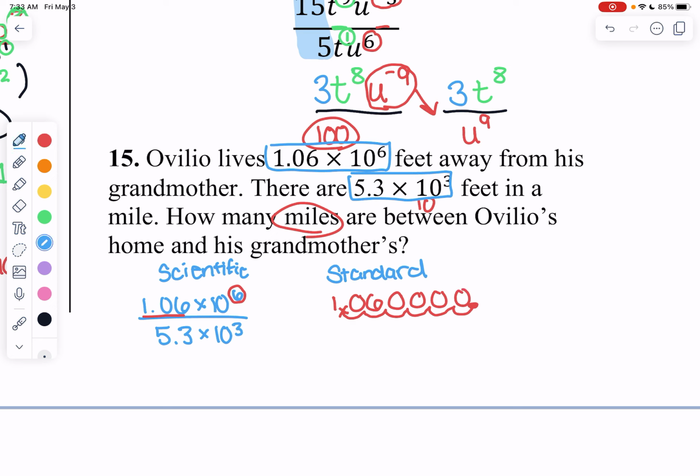Okay, then on the bottom, I have 5.3. Once again, we kill the decimal point. This one is moving 3 times to the right. 1, 2, 3. Fill in my blanks. So what we get here is 1,060,000 divided by 5,300.